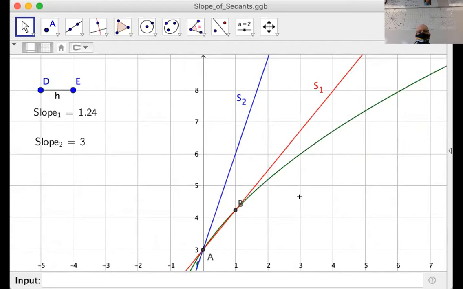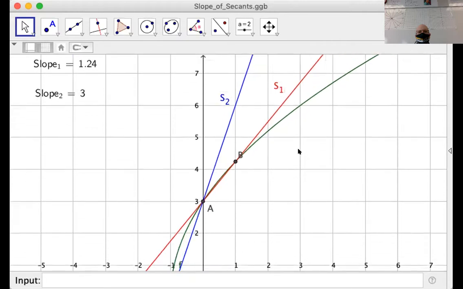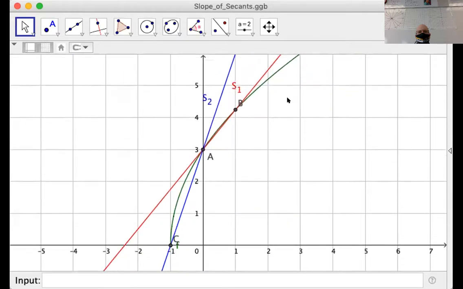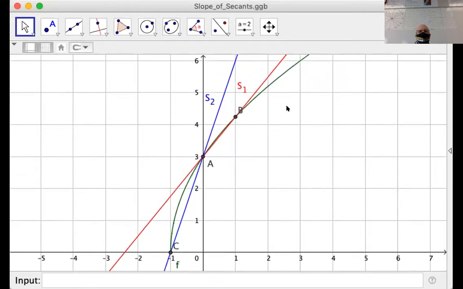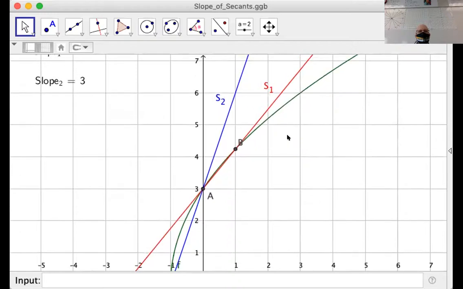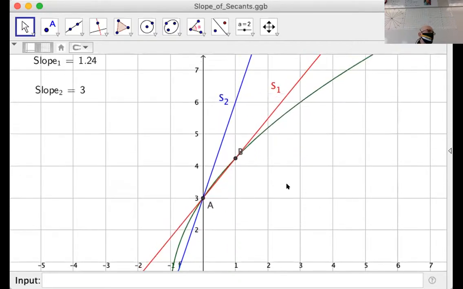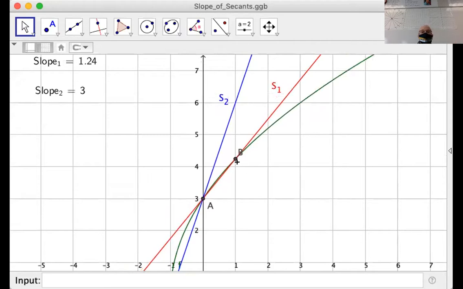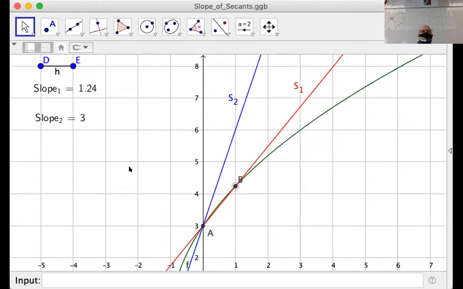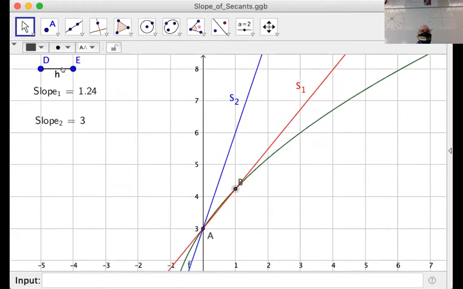And what I'm trying to do is figure out what the slope of the tangent line is at A. And you'll see that in the questions that I ask. And what I can do is I can move B. This stands for how far apart.